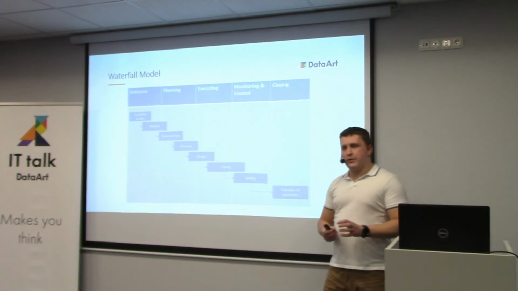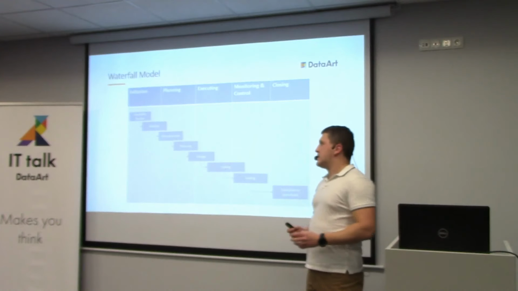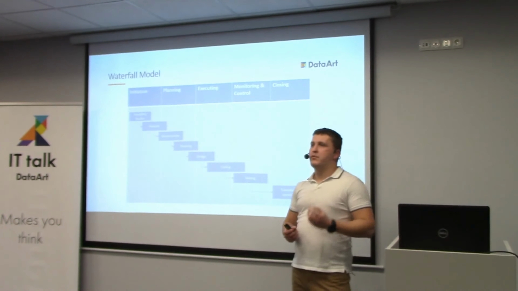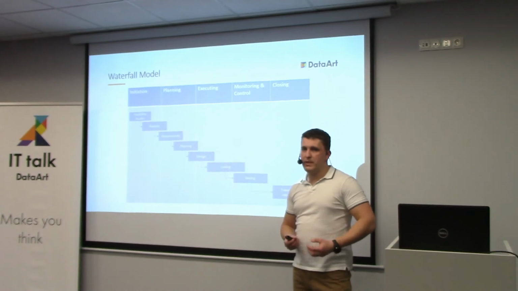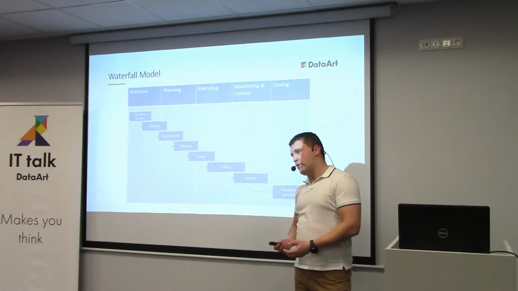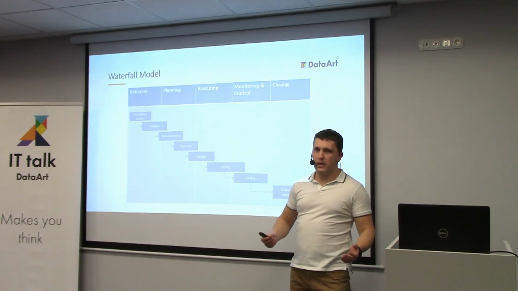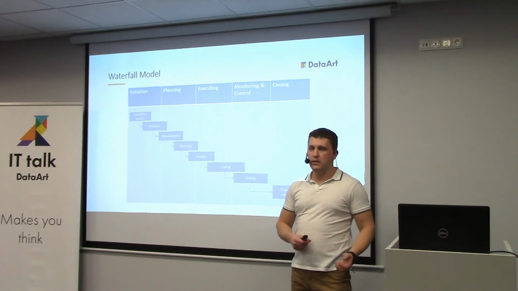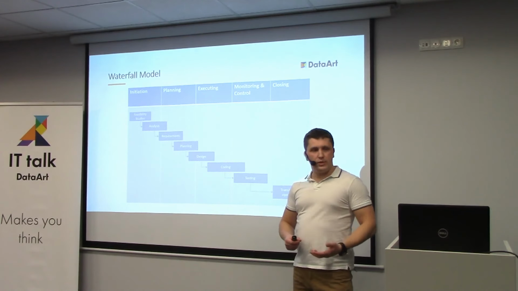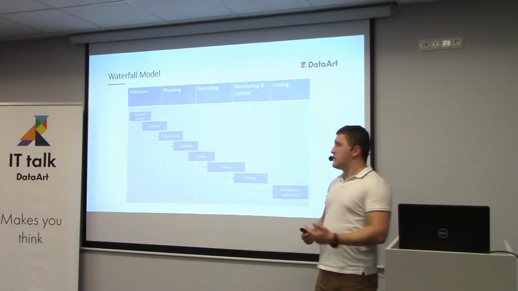The main feature, I would say, of iterative approach is that it allows the principle of trial and error. Meaning, we try something, we see whether it works or not. If not, we make adjustments, we try again. And we do it iteratively until it works.